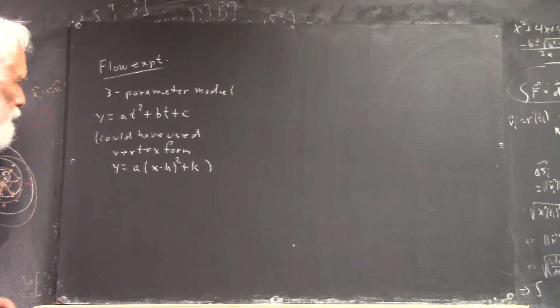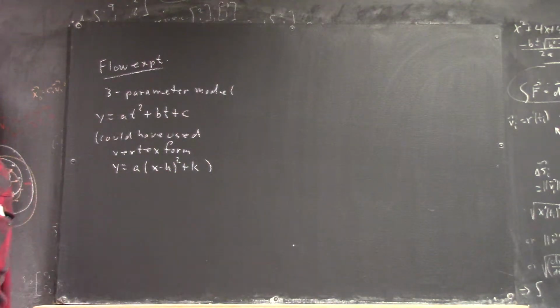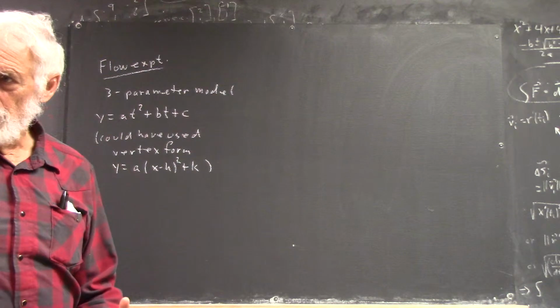But that requires us to estimate where the vertex is. And as it turns out, our data is a little weird with the vertex.